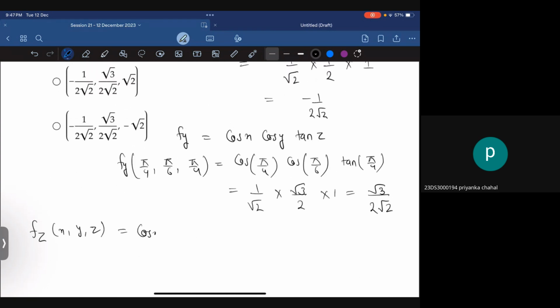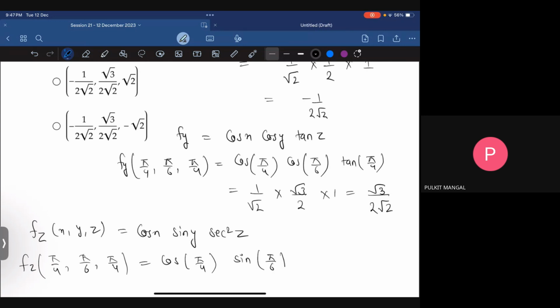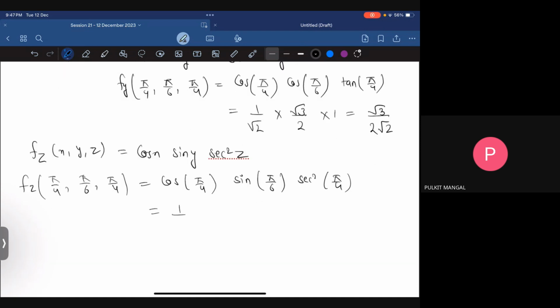So it will be cos x sin y secant square z. So fz at this point: cos pi by 4, sin pi by 6, secant square pi by 4. Cos pi by 4 is 1 by root 2, sin pi by 6 is 1 by 2, secant square pi by 4 is 2. So you got 1 by root 2.